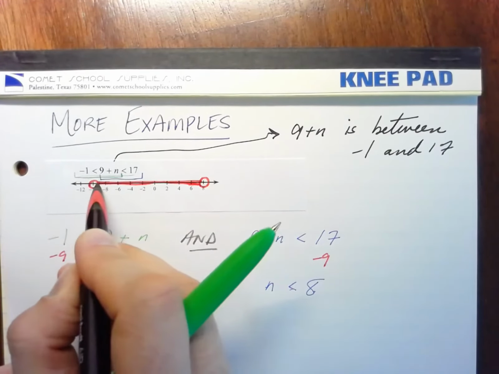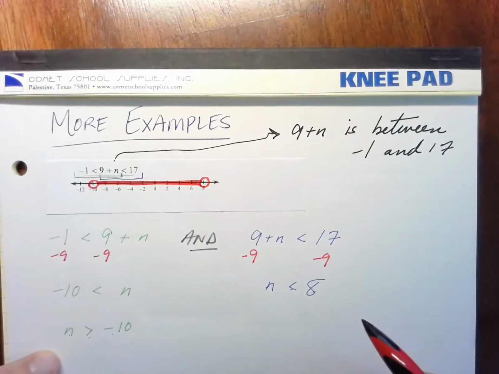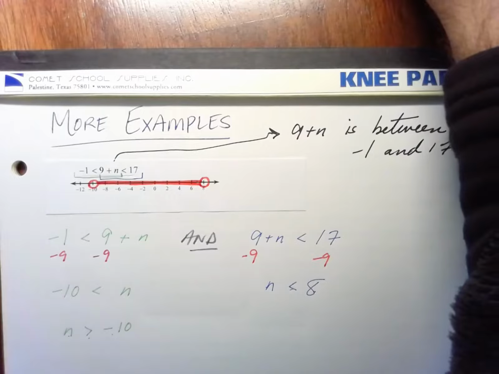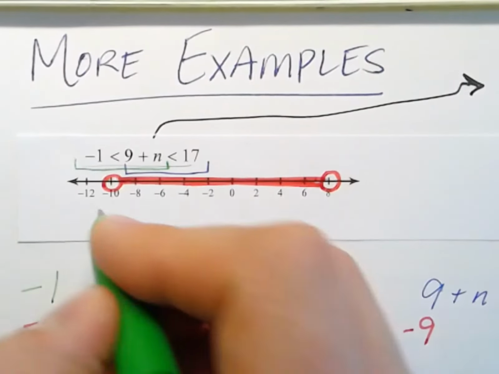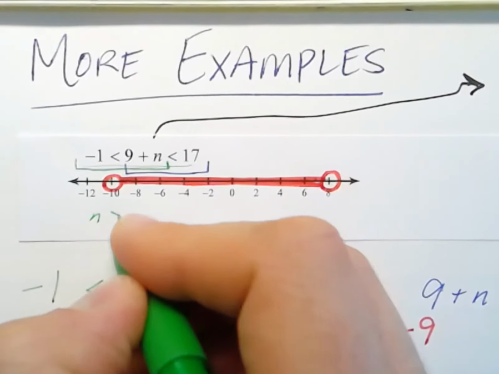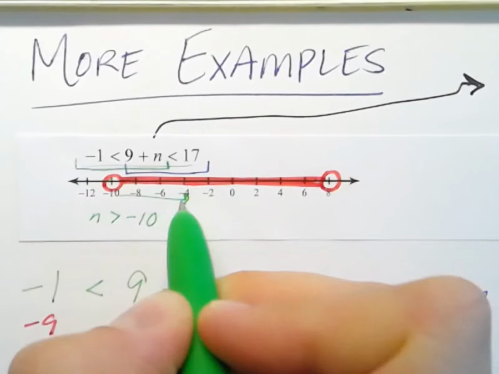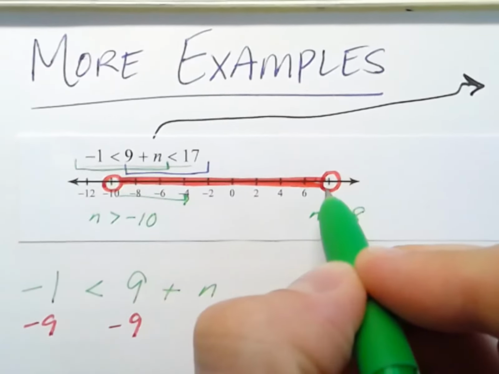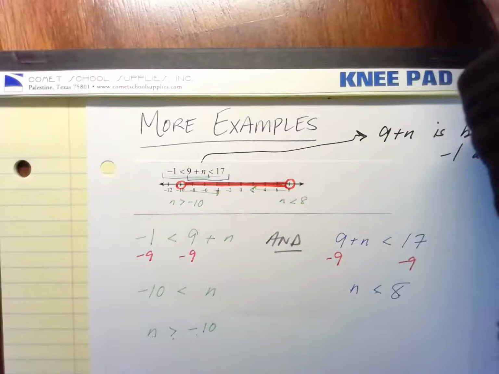And then I run into the other end of my barrier there, and that's what the graph looks like. Let me zoom in so you can just make sure you see that well. See that? If n is greater than -10, that means I'm filling in here and I'm going this direction. And if n is less than 8, that means I'm filling in here and going that direction. So that's why I have this section in between the two, right? Okay.